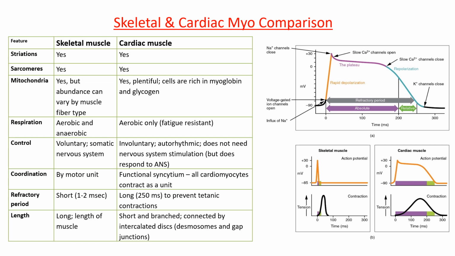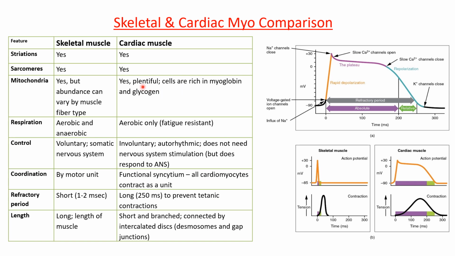Cardiac muscle, on the other hand, is very, very repetitive. It cannot afford to fatigue. If you fatigue, you lose effectiveness, and if you lose effectiveness, you stop pumping blood. So mitochondria are very, very rich in cardiac fibers, and cardiac fibers cannot function anaerobically. They have to use oxygen.